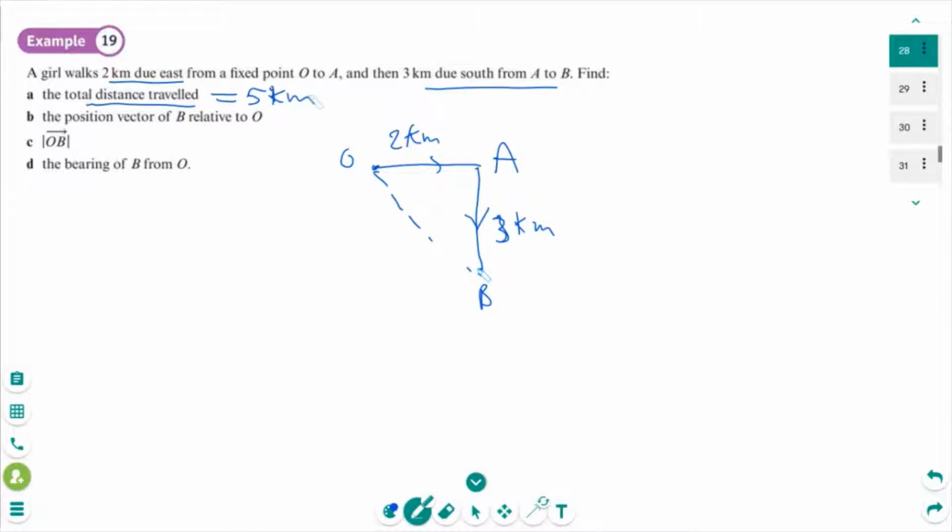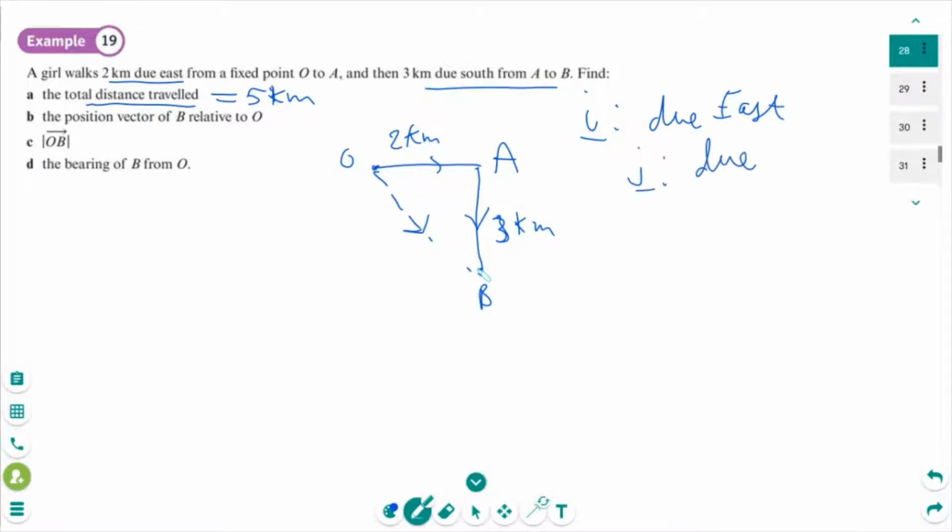Find the position vector of B relative to O. There's B. This is where she ends up. So O to B, you go 2 to the right and 3 down. Remember, in this situation, we take the i vector to be due east and the j vector to be due north.